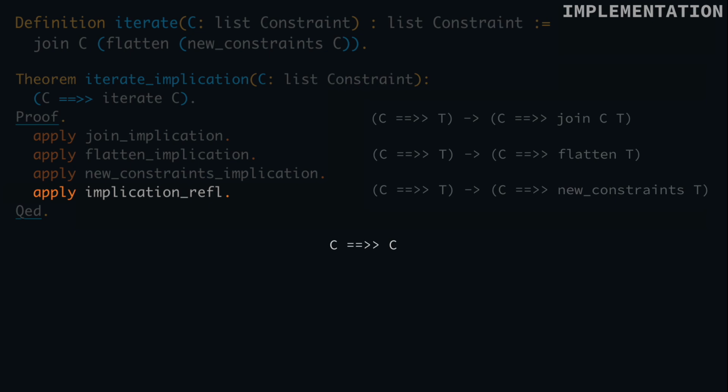This is actually the reflexivity of implication, and therefore we know it to be true, which concludes that the iterate implication theorem is true.